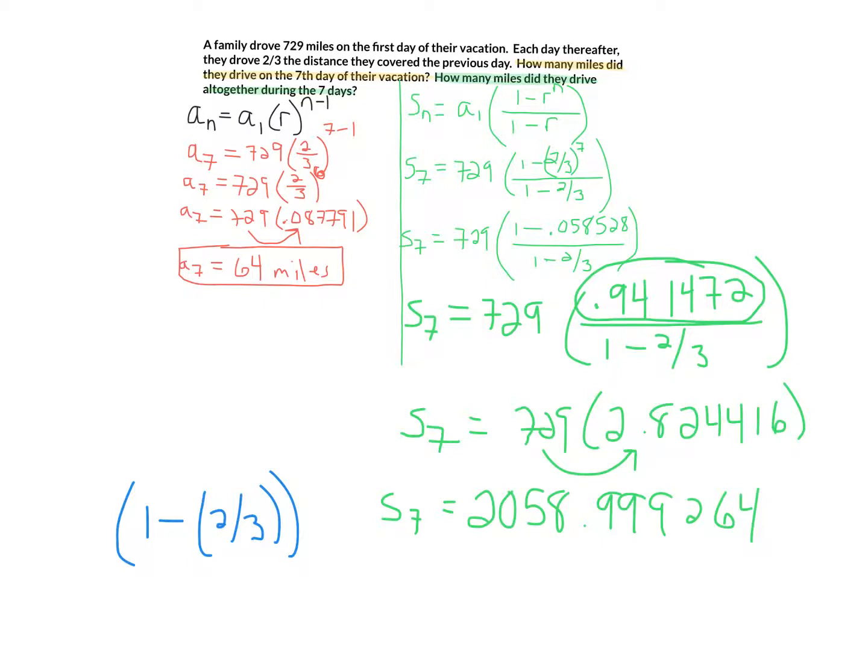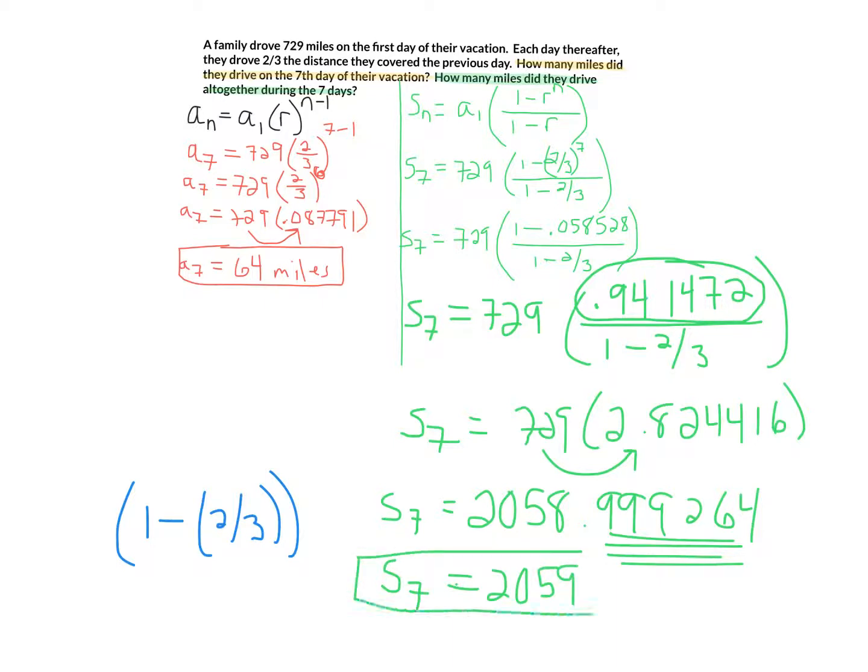I would rather use fractions, because obviously looking at this, most of you could probably figure out that if I used fractions, it was really going to be a nice number. S of 7 is equal to 2,059 miles. Now a lot of you can see why I don't like using decimals. I'd rather use fractions, because it would have come out nice rather than having this extra garbage here that we didn't really need. All right, on to the next one.